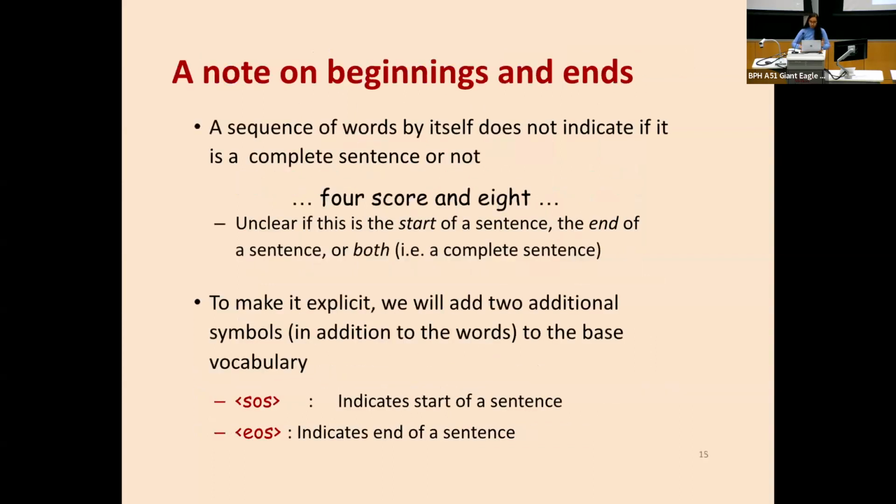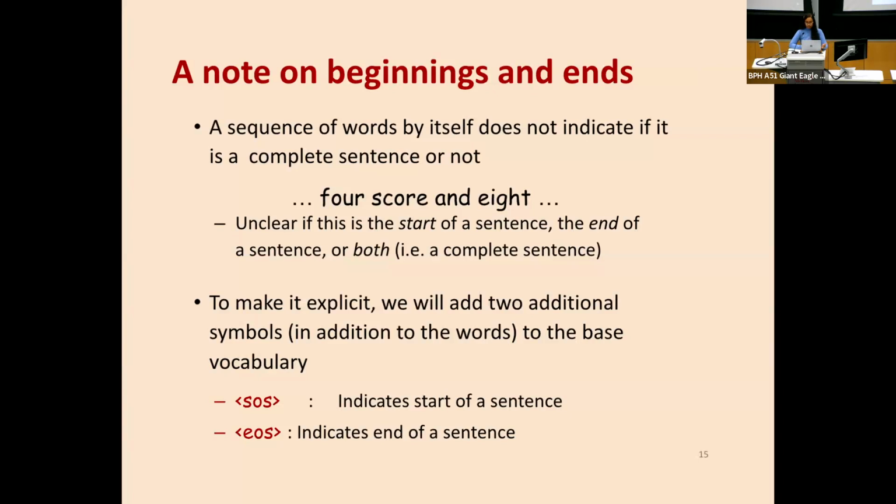A note on the beginnings and the ends when it comes to language models. A sentence will only be considered to be complete if it has a start of sequence and an end of sequence token attached to it. From the previous lectures and also in homework 3, you now know that these two tokens play important roles in the encoder and decoder steps of the architecture. Basically, you're trying to predict sentences from one language to another.